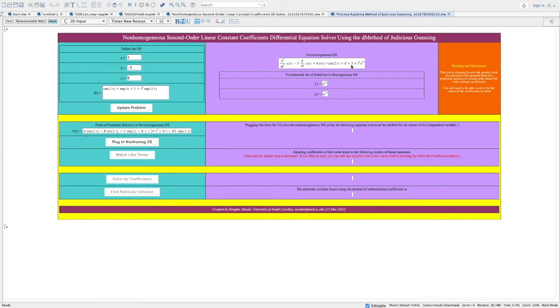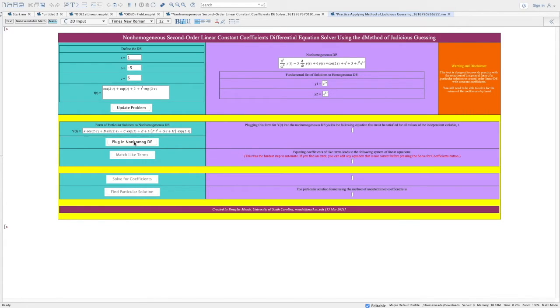Then I have a constant, which will work by itself. I left out d because d has its own meaning in Maple. And then I have the t squared e to the 3t. So t squared e to the 3t is going to suggest a quadratic, f t squared plus g t plus h, times e to the 3t. But since h e to the 3t is in a homogeneous solution, I need to multiply that guess by t.